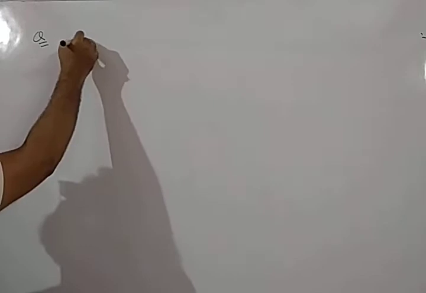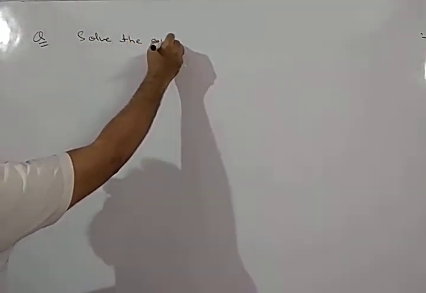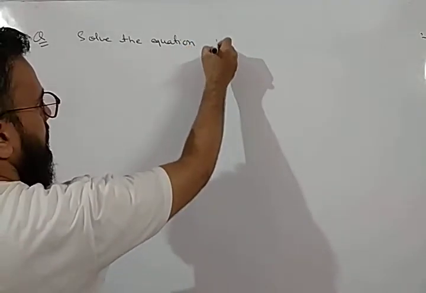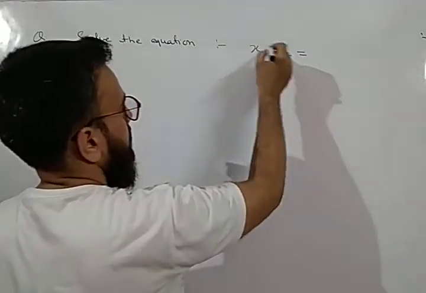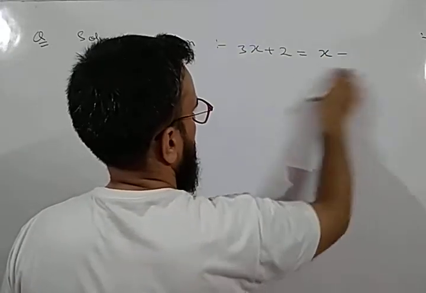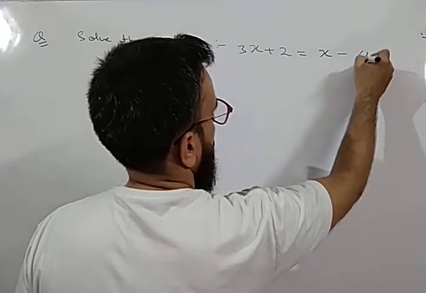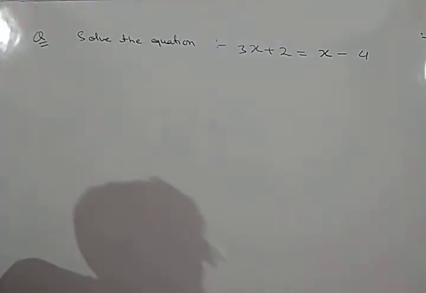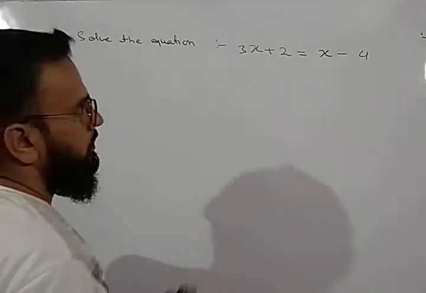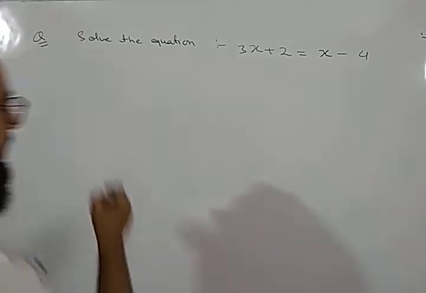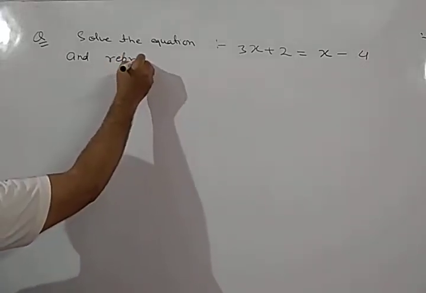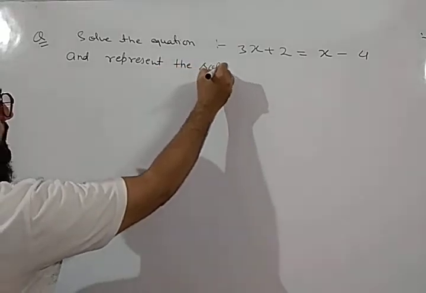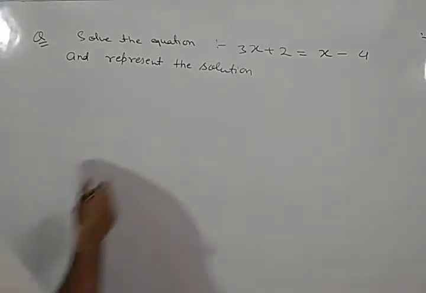Let us solve the first question. We are given: solve the equation 3x + 2 = x - 4 and represent the solution on number line.